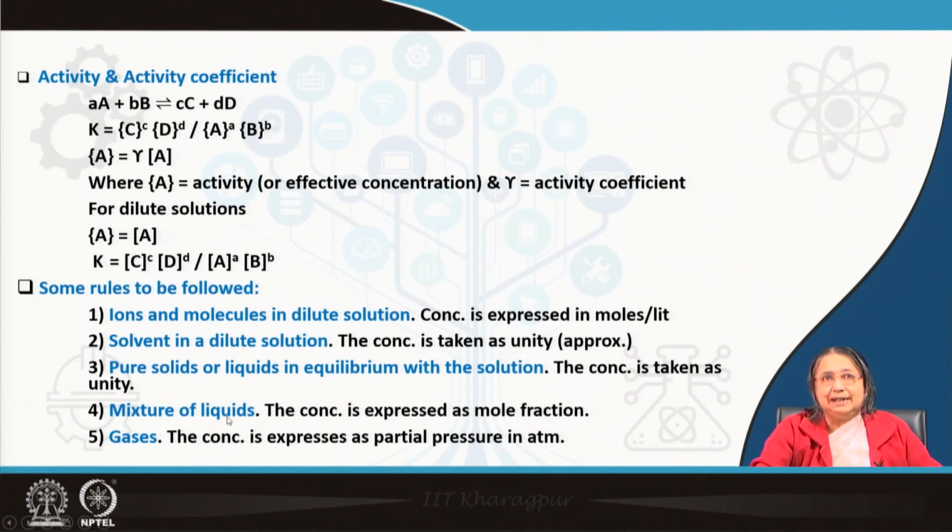When there is a mixture of liquids, the concentration should be expressed in mole fraction. In case of gases, we have already seen the NO2 and N2O4 equilibrium, where we used the partial pressure. So in the gas phase, the concentration is used in terms of partial pressure in atmospheres.